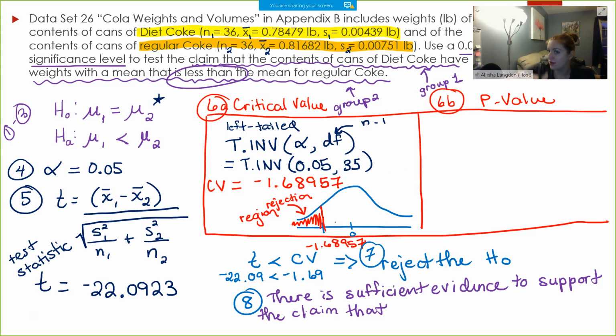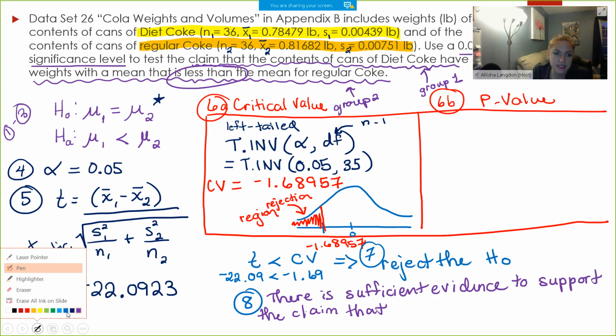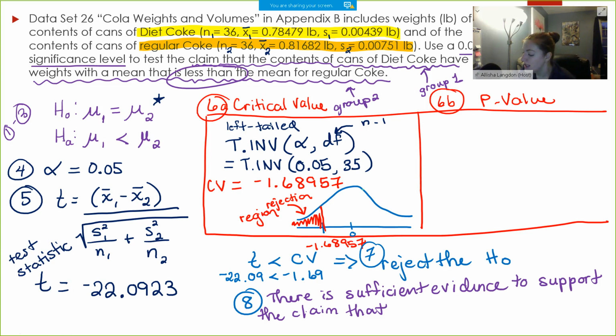So that was the first way, using the critical value method, but we also need to use that p-value. So let's go ahead and wander over to p-value land and do some calculations. So we're trying to find the probability of getting our test statistic. And let me tell you that it's going to be pretty low. So T.DIST to find the probability. And we're going to put in our test statistic, comma, degrees of freedom, comma, true.